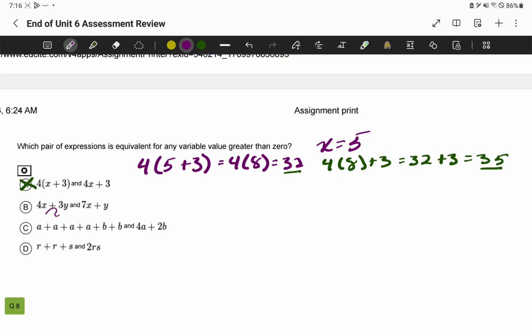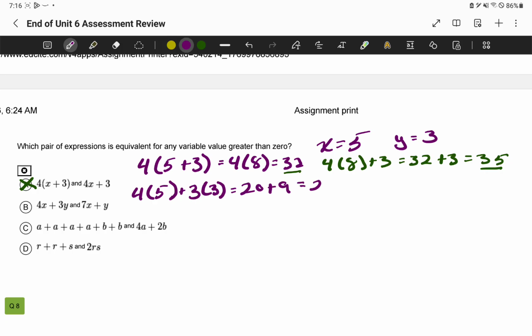Now, I've got an x and a y, so now I'm going to make y 3. So I've got 4 times 5 plus 3 times 3. 4 times 5 is 20. 3 times 3 is 9.